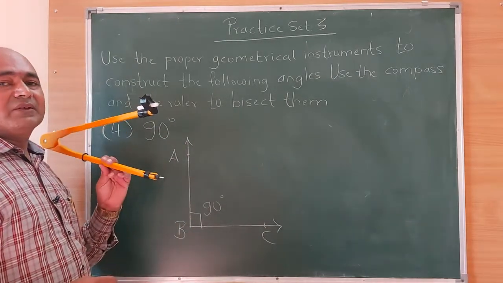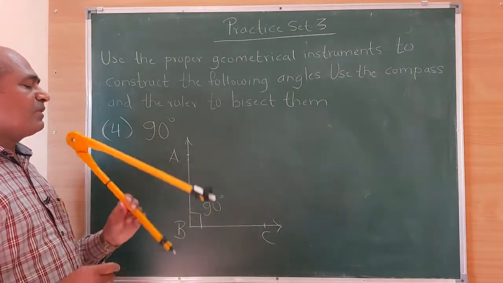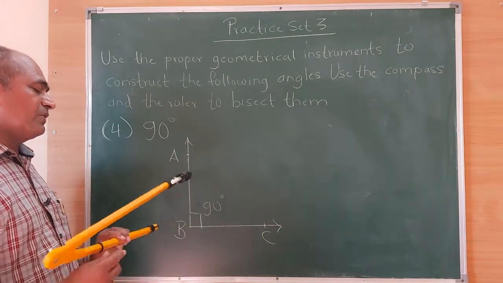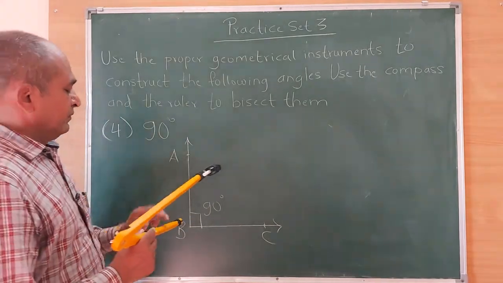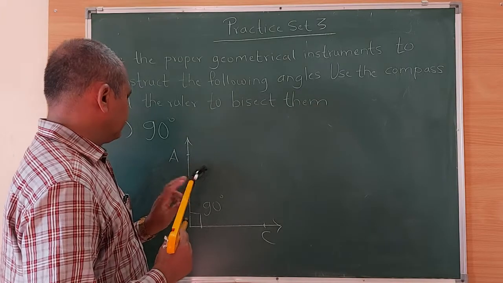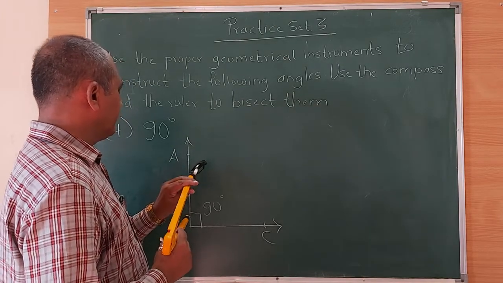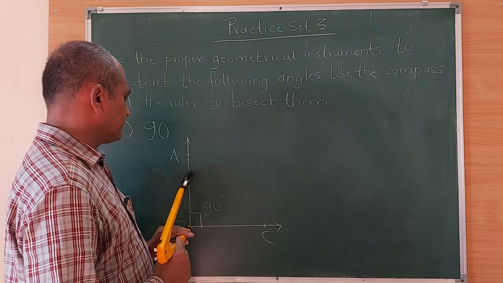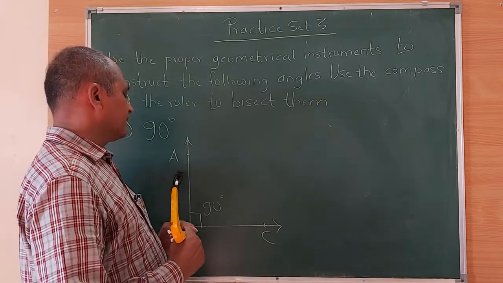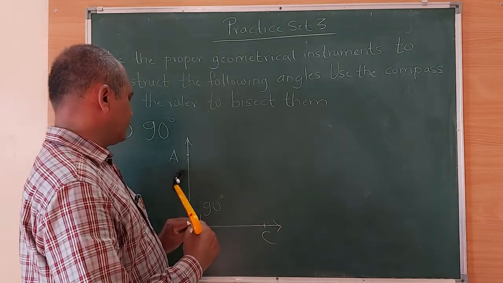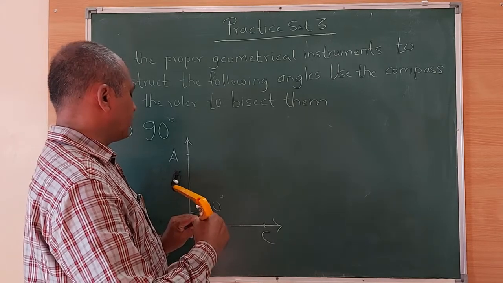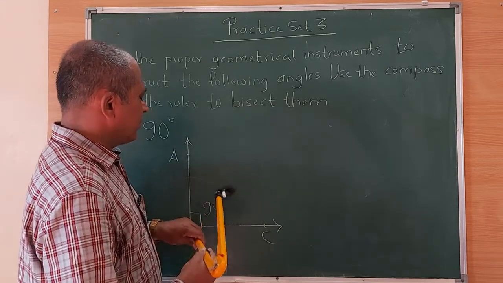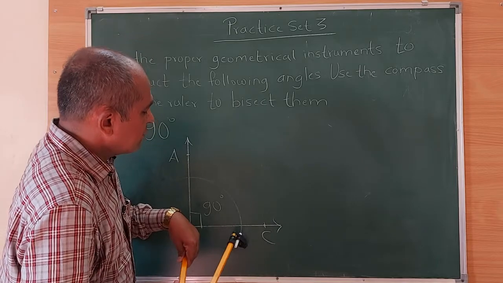Now using a compass we have to bisect it, compass and a ruler. Taking a convenient distance, put the point of the compass at the vertex of the angle and cut both the arms. Draw an arc to cut both the arms.